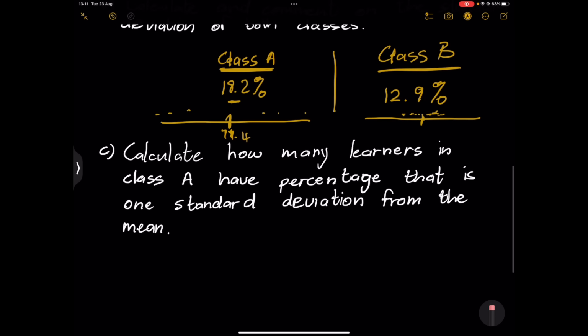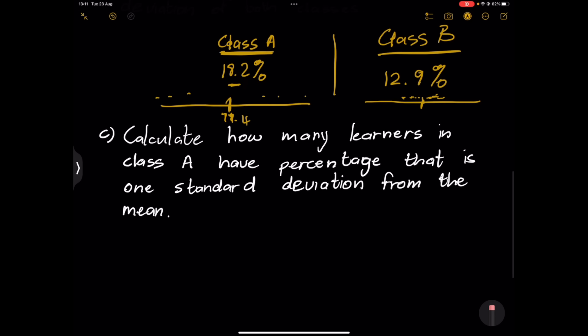All right, now they say to us, calculate how many learners in class A have a percentage that is one standard deviation from the mean. Note that they said one standard deviation from the mean.